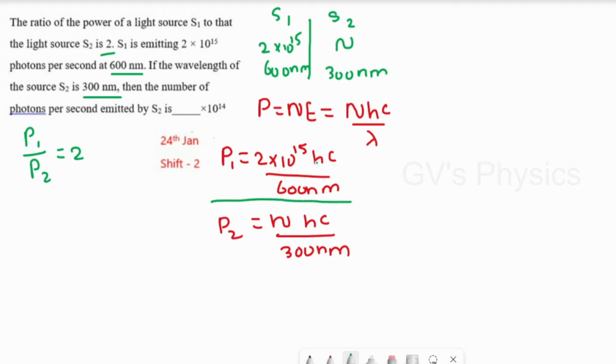Now we'll take the ratio. Hc will get cancelled, nanometer will get cancelled, the zeros will get cancelled, this will be 1 and this will be 2, and again the 2s will get cancelled.